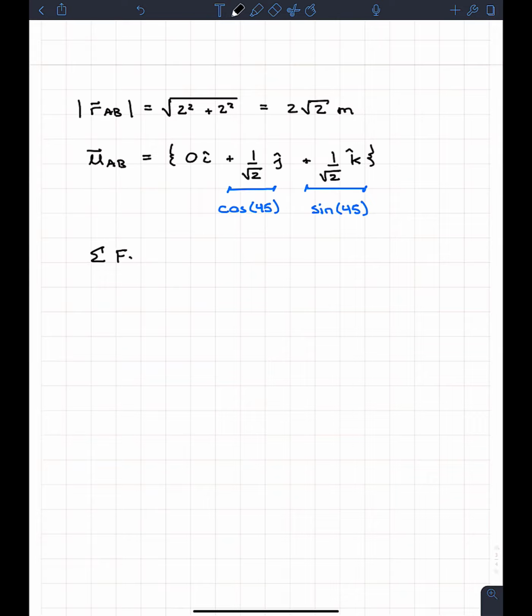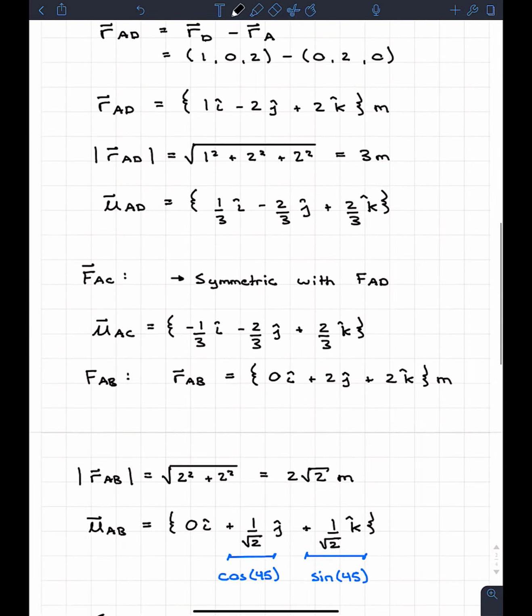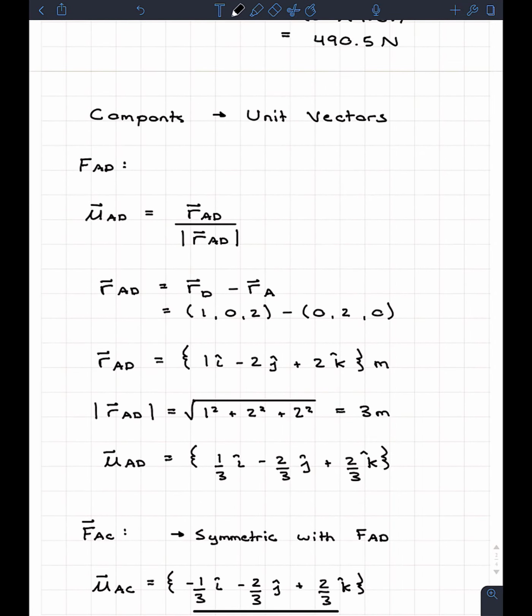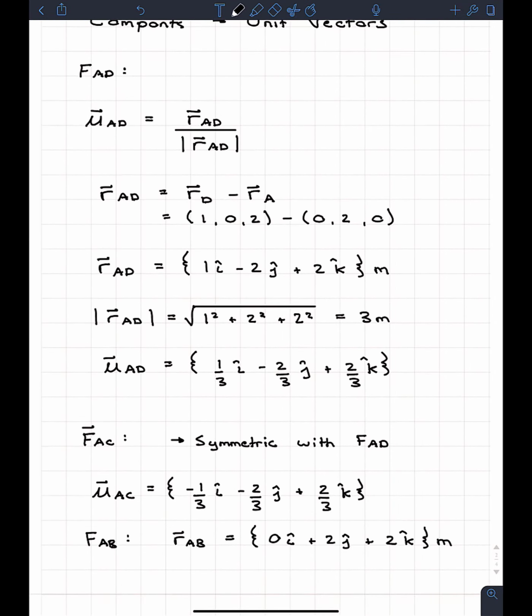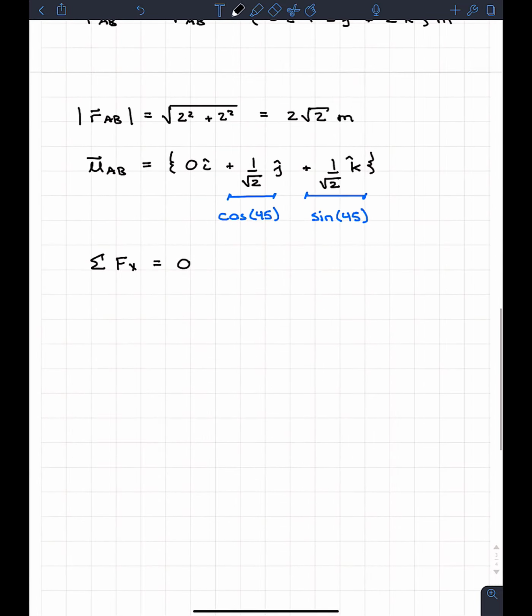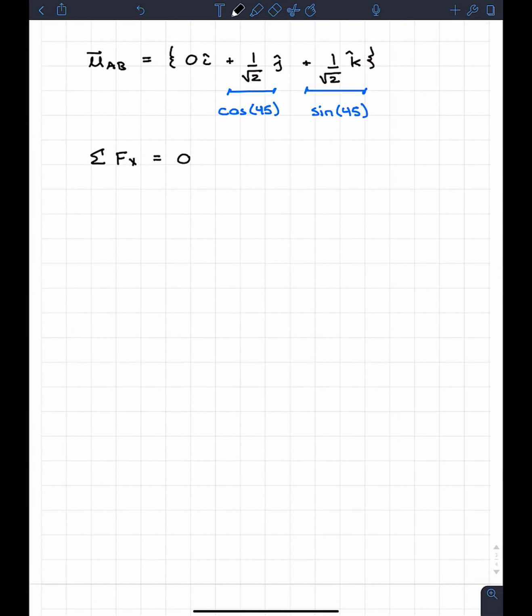So let's start off with the sum of the forces in x is equal to 0. What we do to create these equations is we go up and take the components of the unit vectors for those. If we go up to the top here, for UAD, we get the unit vector as 1/3 i. So for the sum of the forces in x, we're going to go 1/3 of FAD.